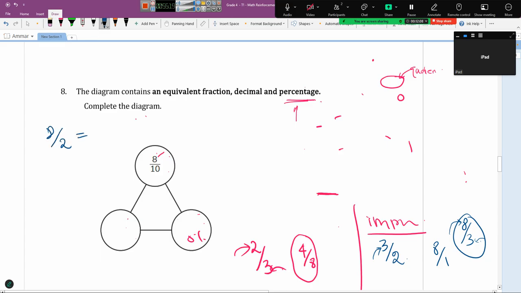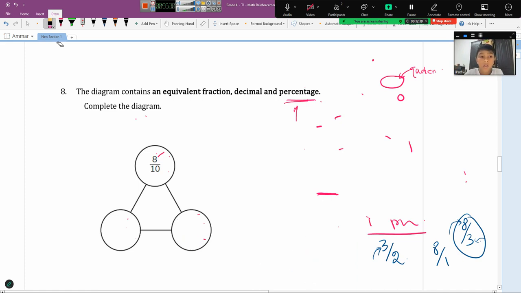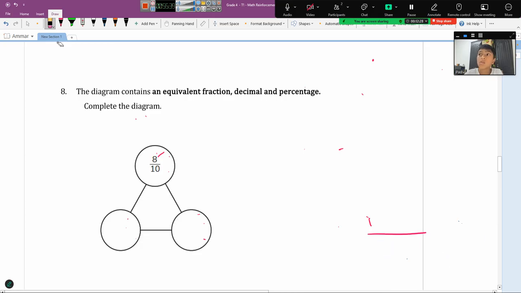What's the value for this one? Let me erase all the annotations. Okay. So 8 divided by 2. What's the value for this?